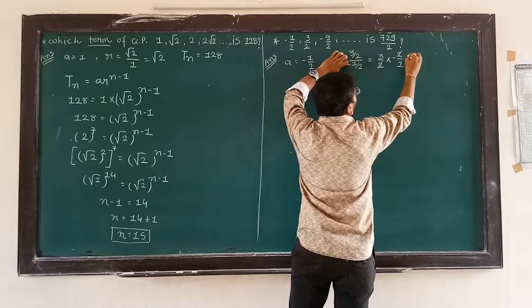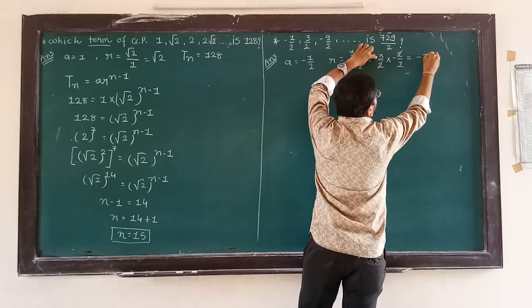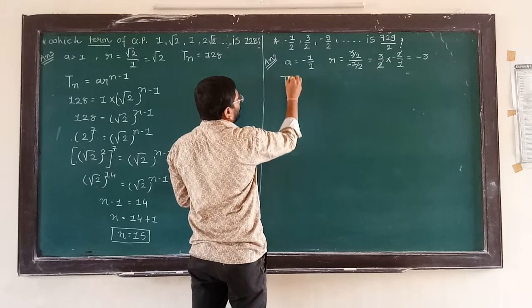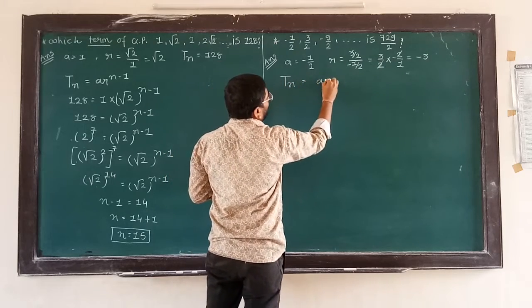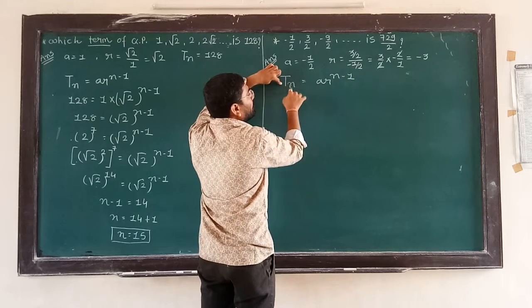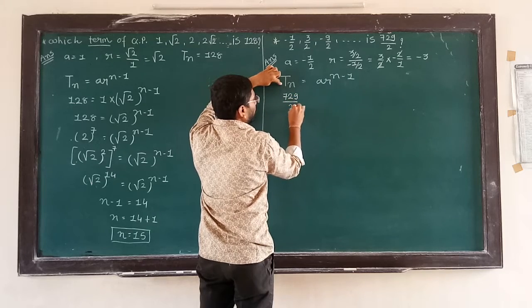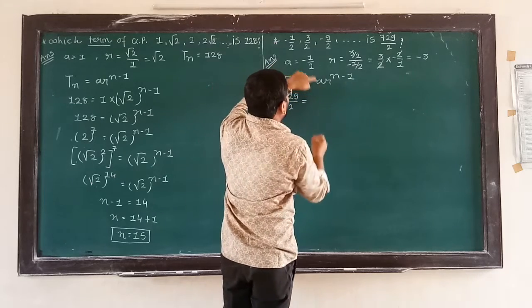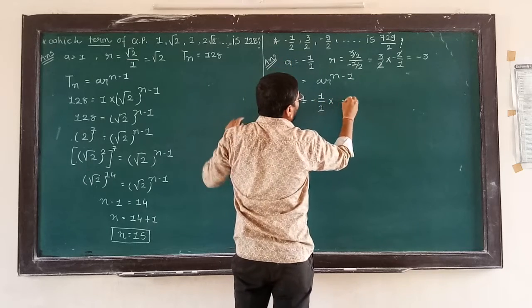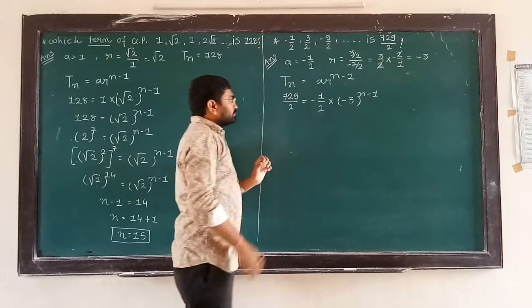Here minus 2 multiplied with 3 is equal to the answer minus 3. Now Tn is equal to a r^(n minus 1). Here the term is given: 729 upon 2 is equal to a, minus 1 upon 2, into minus 3 power n minus 1.